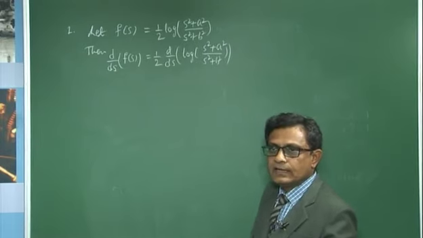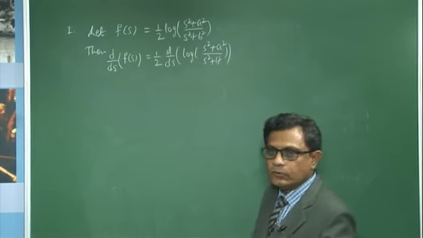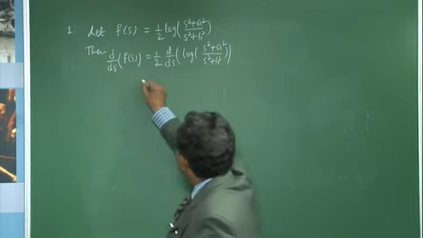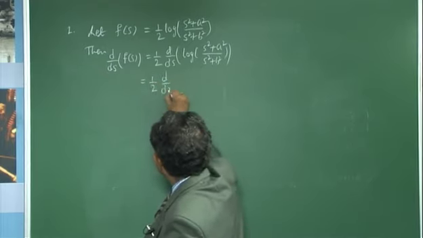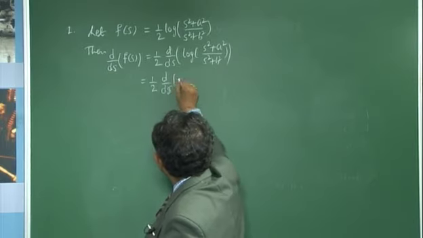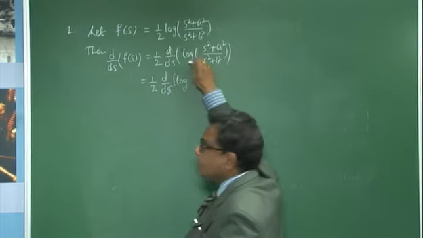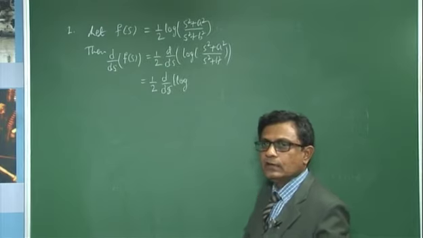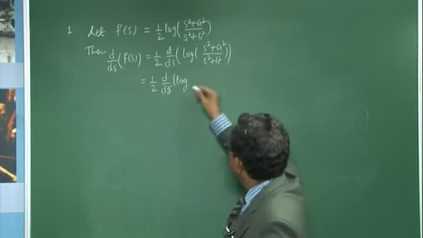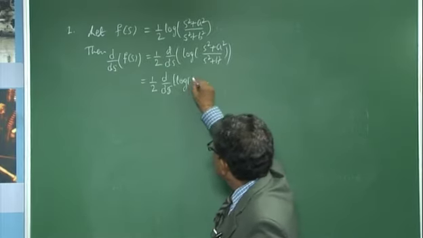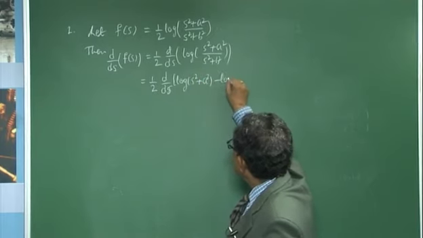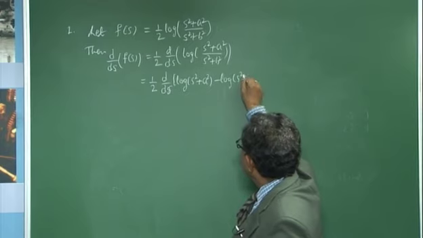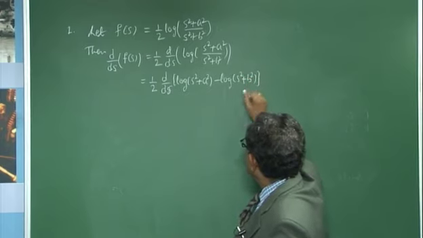Differentiating both sides with respect to s, the constant 1 by 2 stays as it is. Then it is log m by n. Use the laws of logarithm, log m minus log n: log of s square plus a square minus log of s square plus b square.